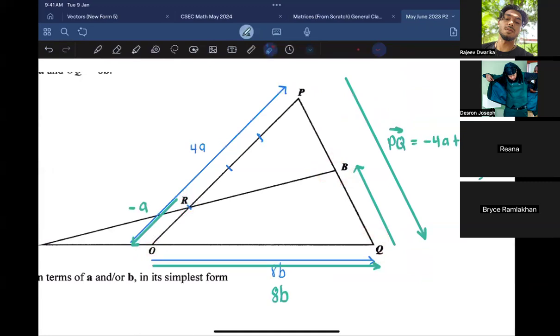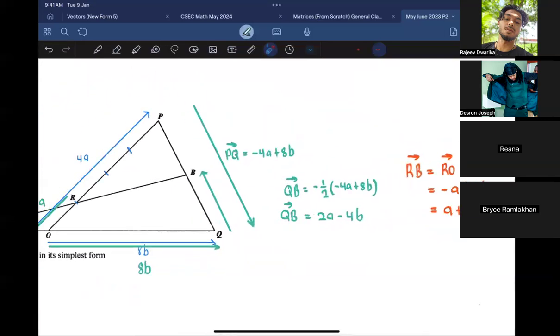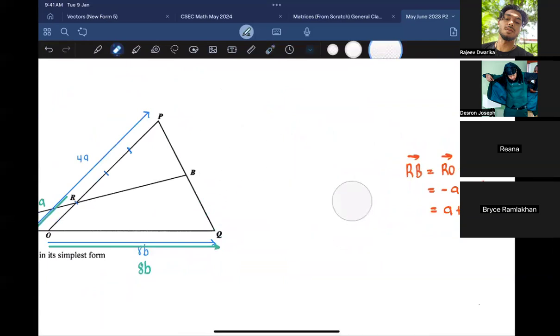If I go from R to O, I go in the opposite direction, so that'll be minus A. Do you understand that? Yeah. I go in the same direction as O to Q, so that's 8B, and then Q to B. I'm going to take it in baby steps, right?